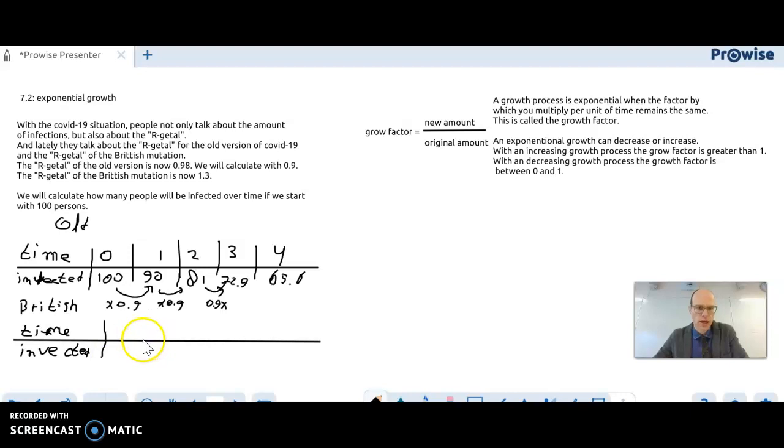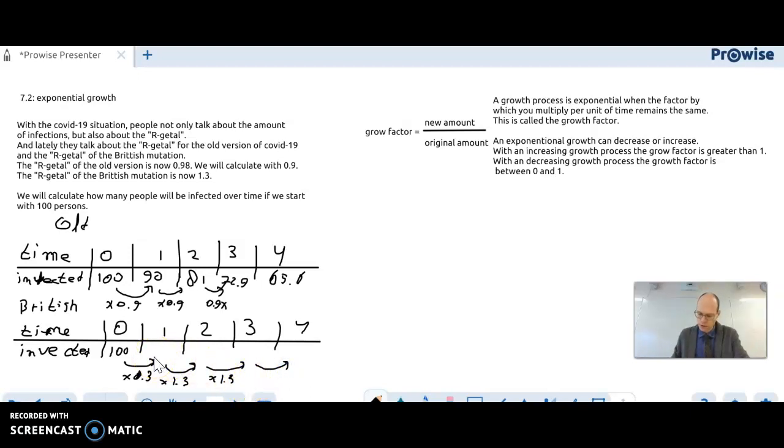We start with 0, 100, and then we multiply by 1.3. Then we need to do that with 2 and 3 and 4. We multiply again by 1.3, and again by 1.3, and again, you know it.